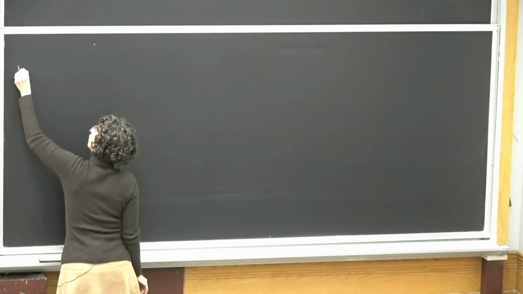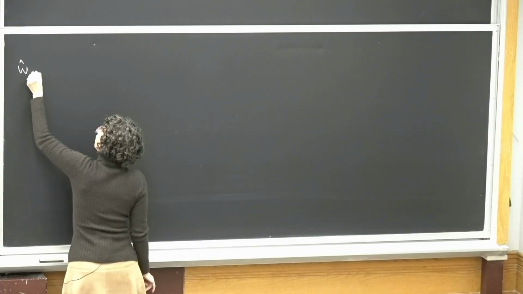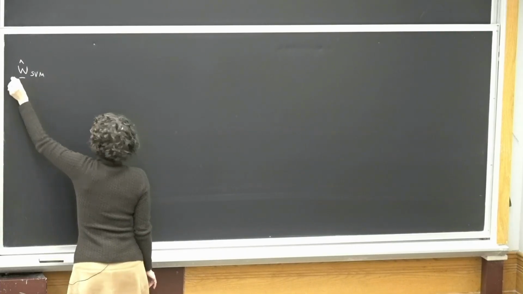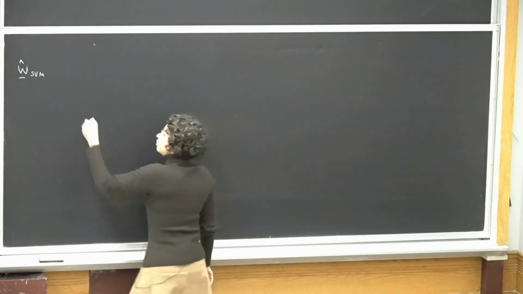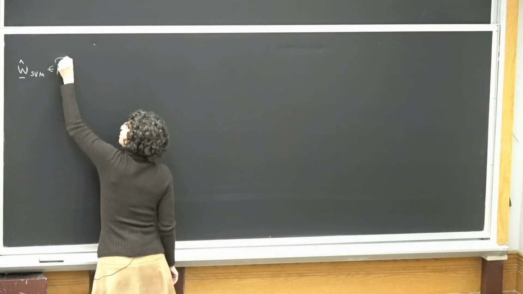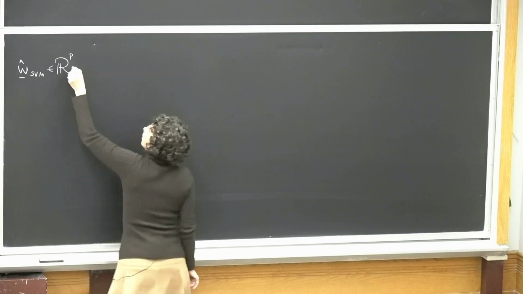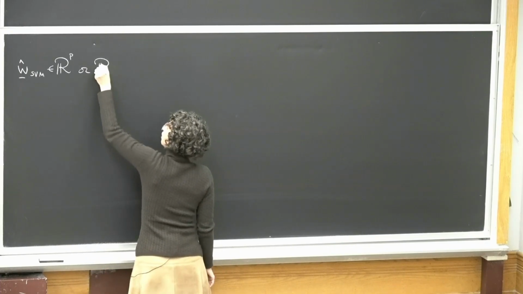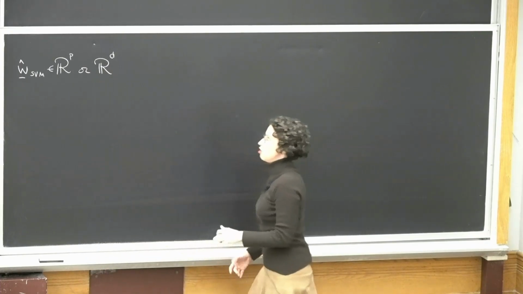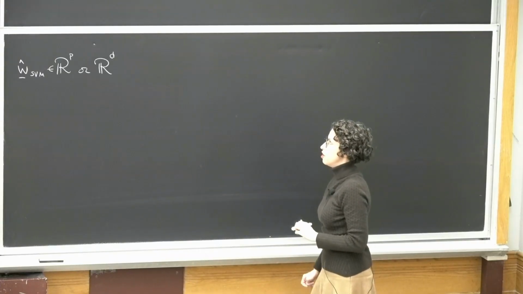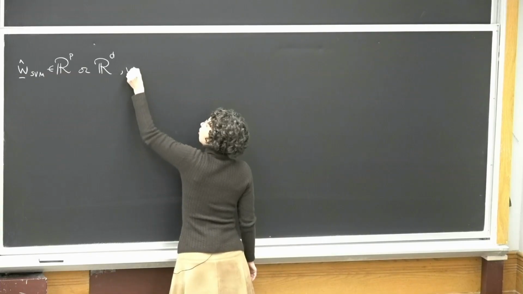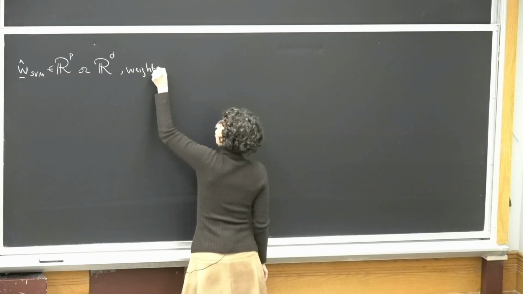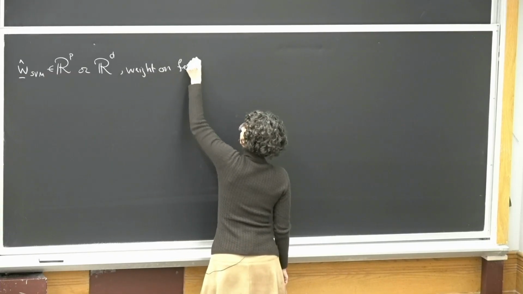So I just want to be clear that when we talk about w hat SVM, or even w hat ridge or least squares, this is going to be a vector in our feature space. So either d-dimensional or p-dimensional, depending on whether we have a kernel or not. But it's a weight on our features.